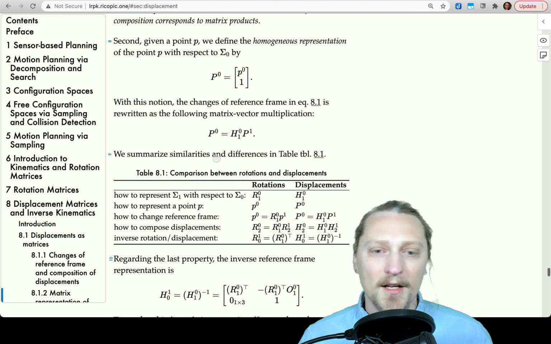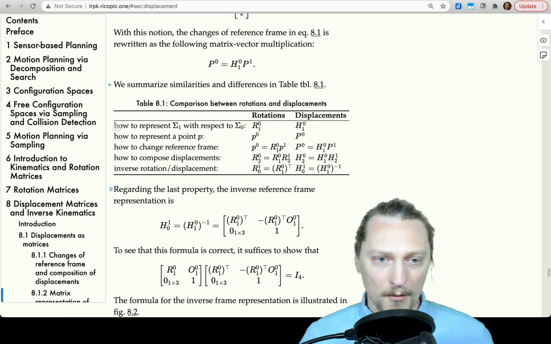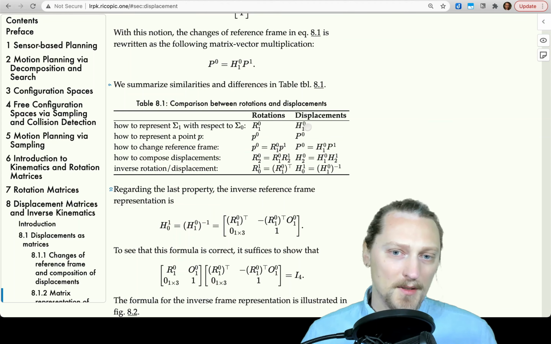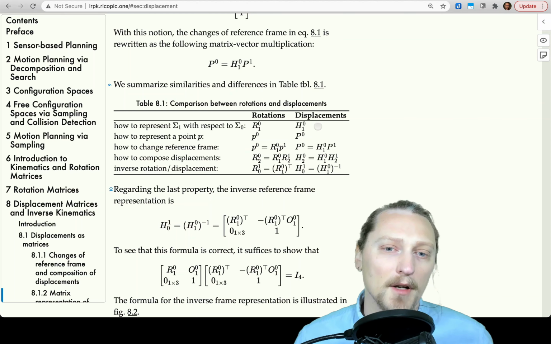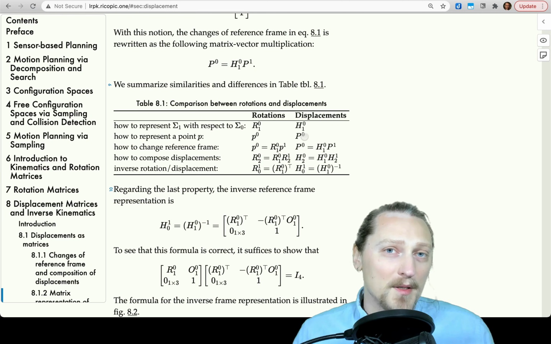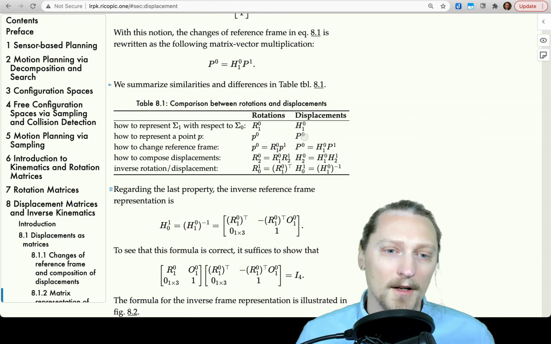We summarize similarities and differences in this table 8.1. So here we go. We can represent sigma 1 with respect to sigma 0 with rotations, R^0_1, or displacements, H^0_1. So that's the same, right? We can represent a point P, P^0, which is in R3, or capital P^0, which is technically in R4. It's got that extra coordinate that's just 1, right?